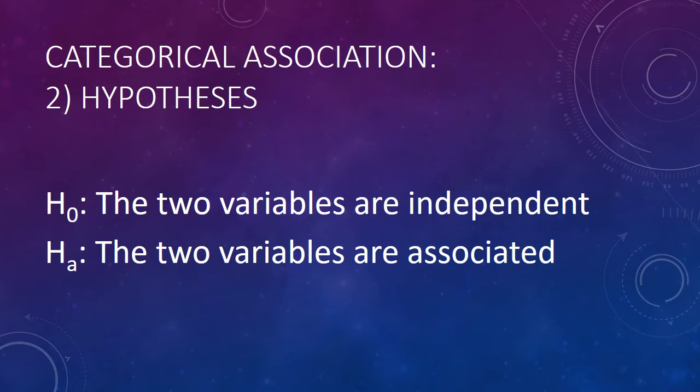So first, our assumptions for the test of categorical association. We have three. First, we need two categorical variables. Second, we have to have randomization and the subjects need to be independent. Third, the expected counts in each cell need to be at least 5. Now we can move on to our hypotheses.